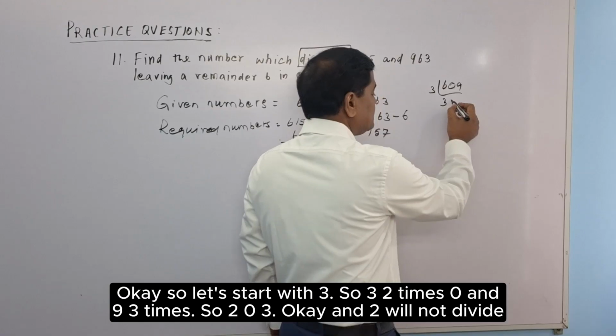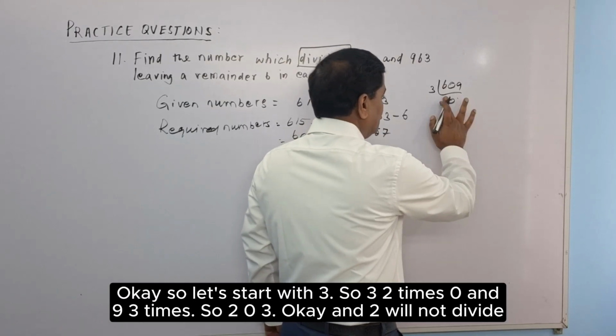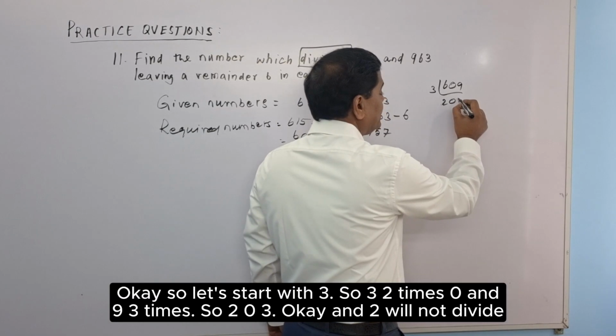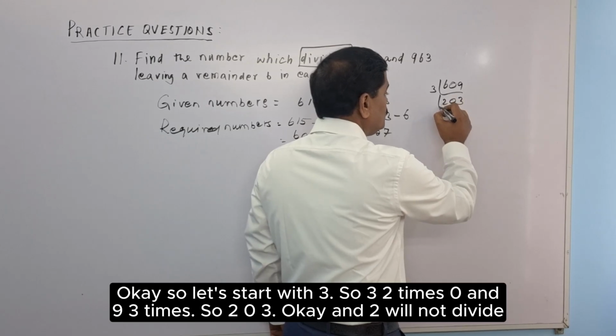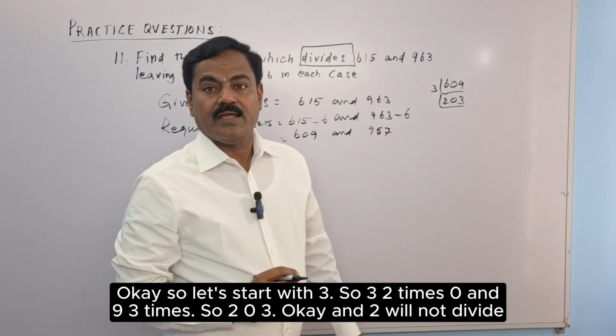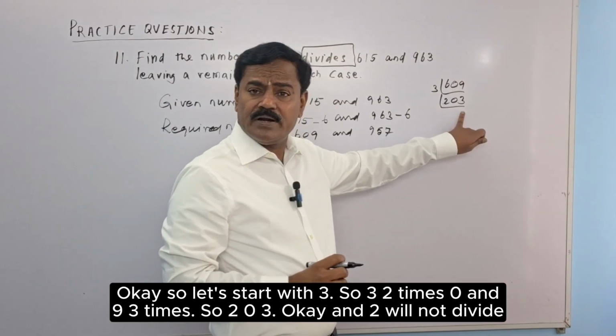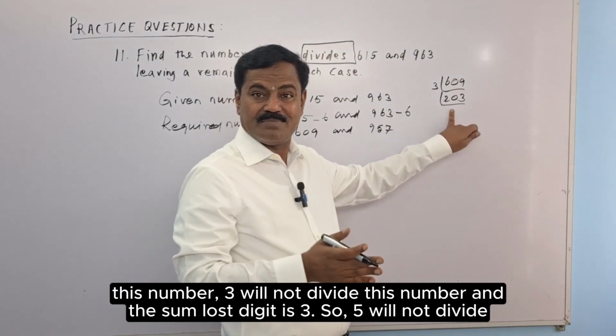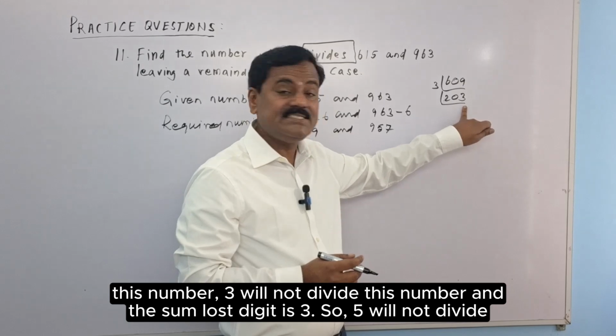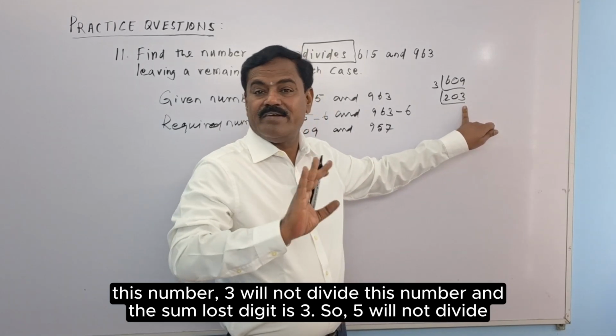So 3 2 times is 6, 0, and 9 is 3 times, so 203. 2 will not divide this number, 3 will not divide this number, and the last digit is 3, so 5 will not divide.